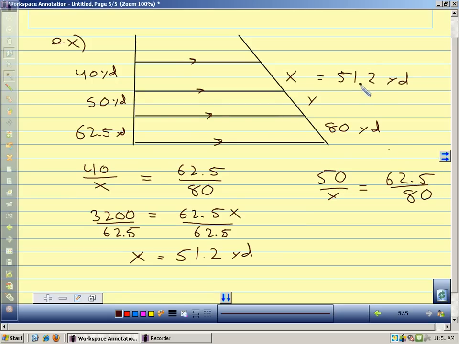That would give me the same answer. So I get 62.5 Y equals 4,000, divided by 62.5, and Y equals 64.